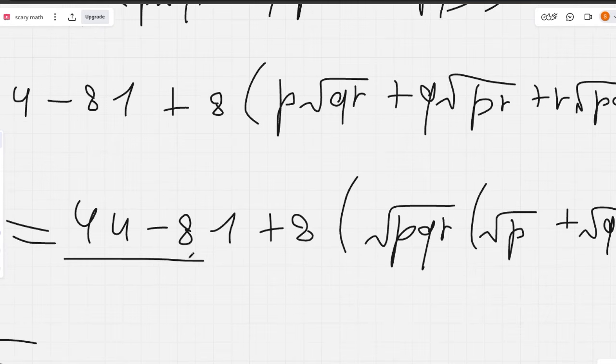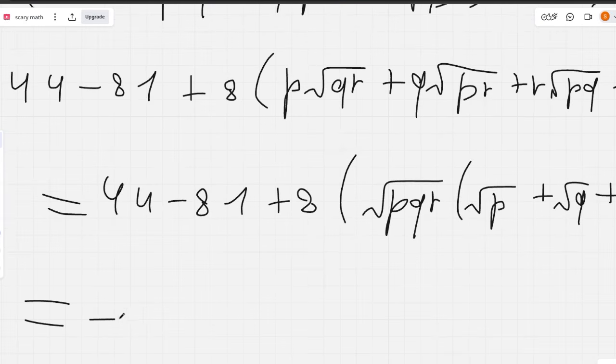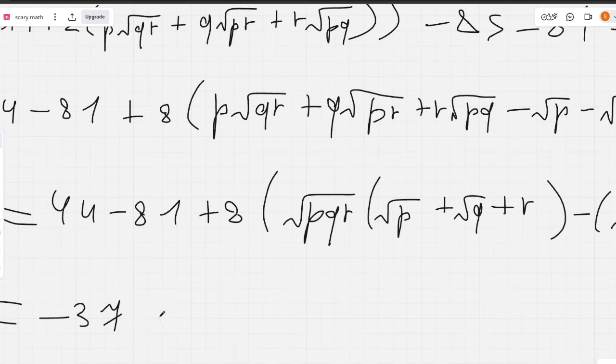Now let's simplify this here. That's gonna be minus 37.